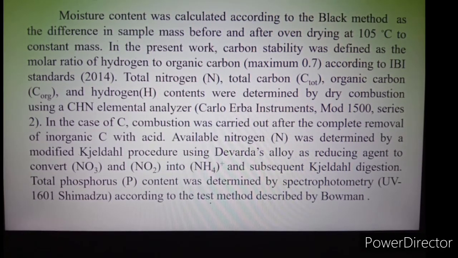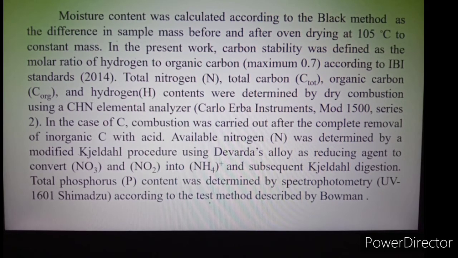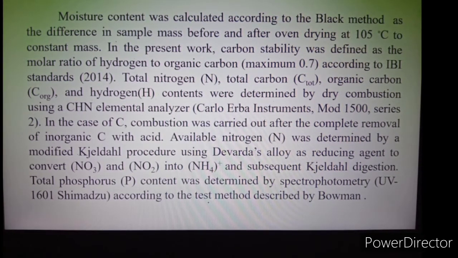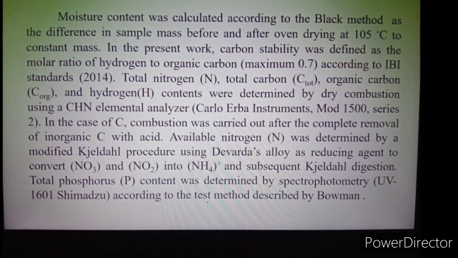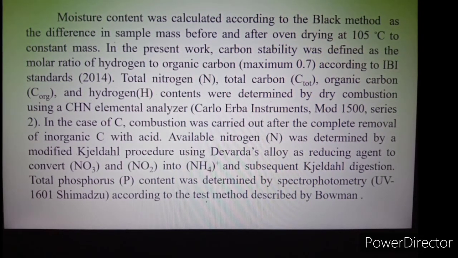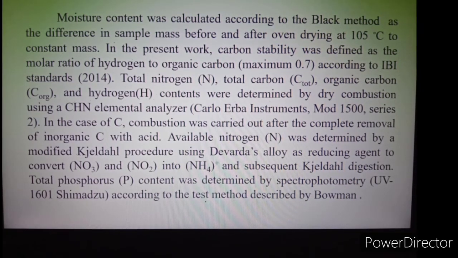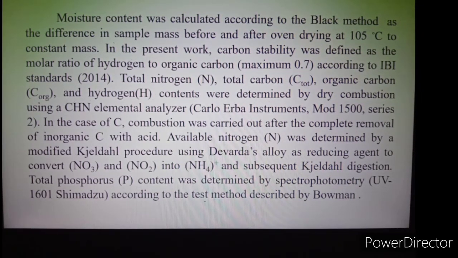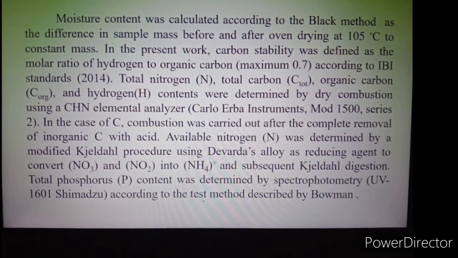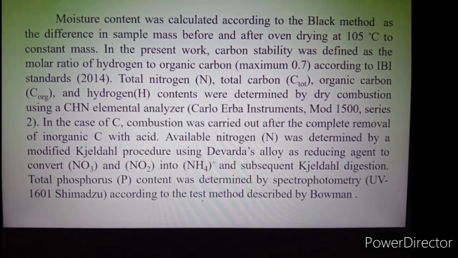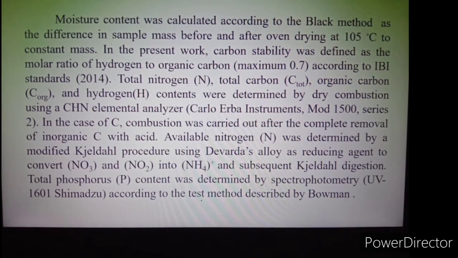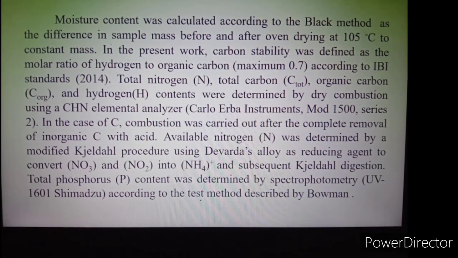In the case of carbon, combustion was carried out after the complete removal of inorganic carbon with acid. Available nitrogen was determined by a modified Kjeldahl procedure using the Devarda's alloy as reducing agent to convert NO3 and NO2 into NH4+ and subsequent Kjeldahl digestion.